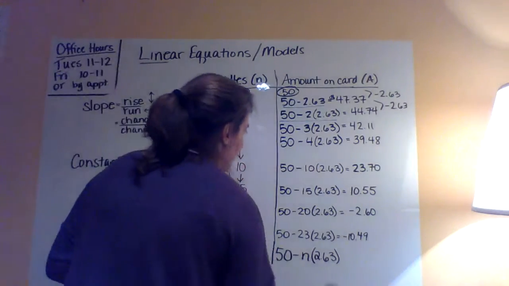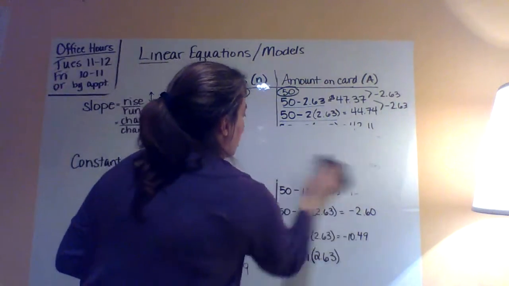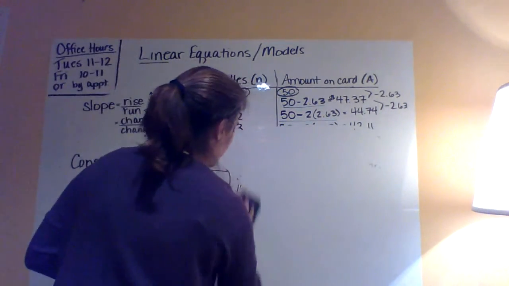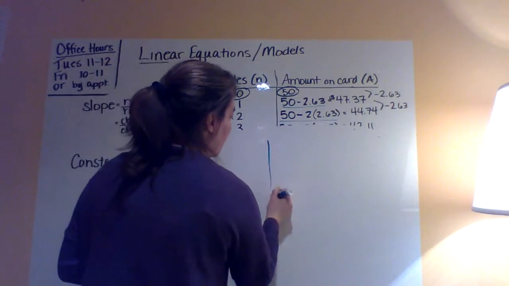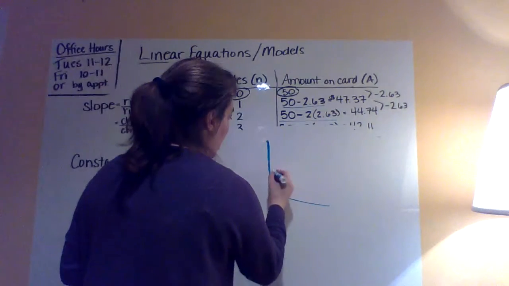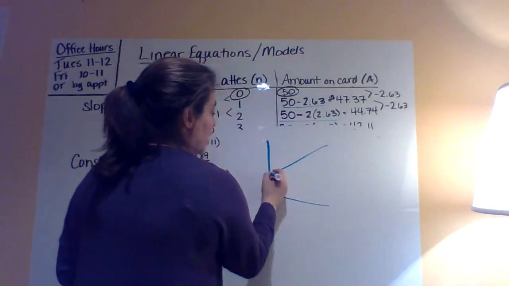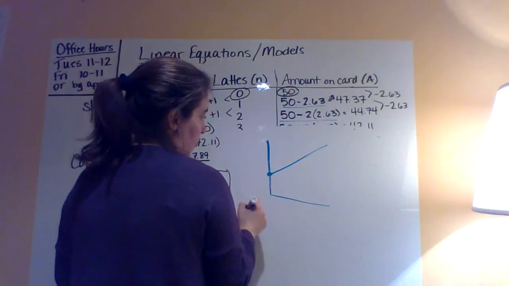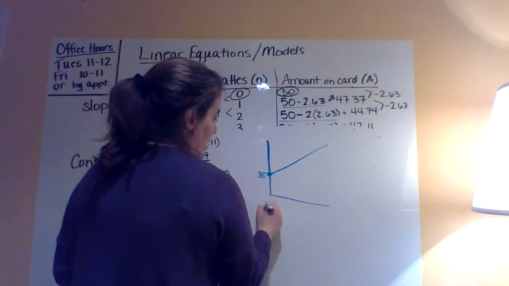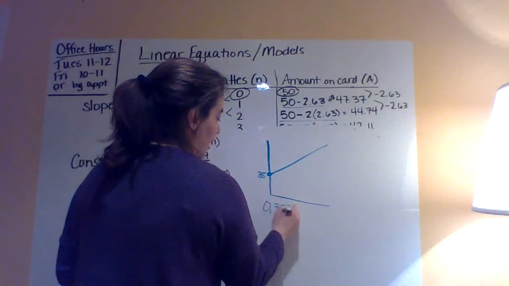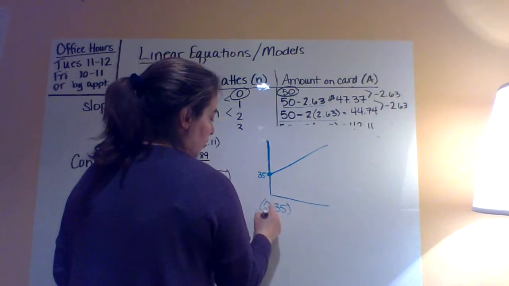So if we think back to the data problem and the plan that was per gigabyte, that graph went the other way. It went like this, right? Here was my y-intercept at 35. So that intercept was 35. This was the number of gigabytes.